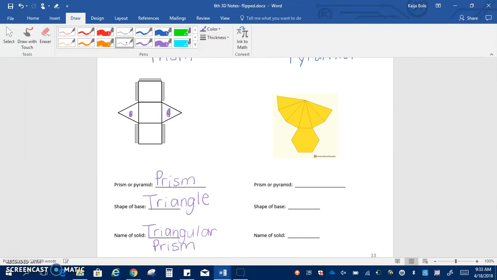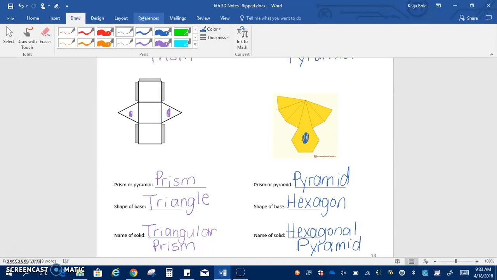Okay, and then this last one here, prism or pyramid, this is surrounded by triangles, so this is a pyramid. The shape of this base here, that is a hexagon, it has 6 sides. So the name of the solid would be a hexagonal pyramid.